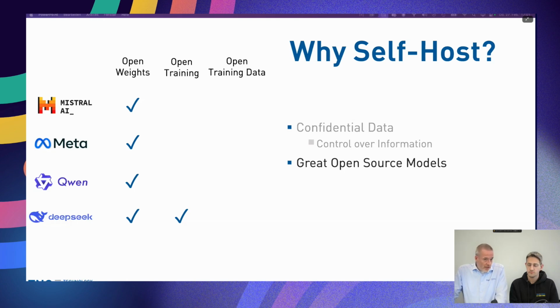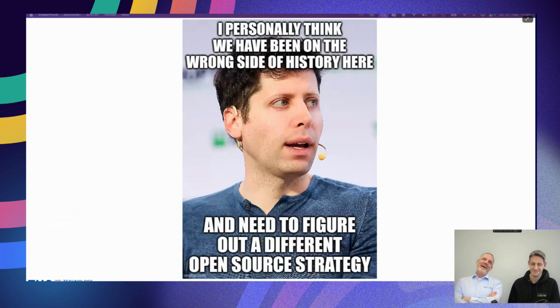And they also wrote a very detailed paper on how they trained DeepSeek R1 in the first place, which gained a lot of attention. And so the only one missing basically is that someone actually goes the full way and open sources the training data. This has not happened so far to our knowledge, but we guess it's the next step.